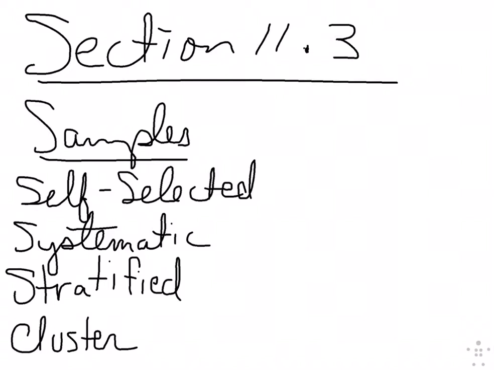And the last one, as far as the different sampling methods, is called convenient sample. What do you think this is going to entail? What do you think a convenient sample would be? Easiest. There you go. It's the easiest way of doing it. For me, when I got my master's degree, one of the things I had to do was test a certain thing.